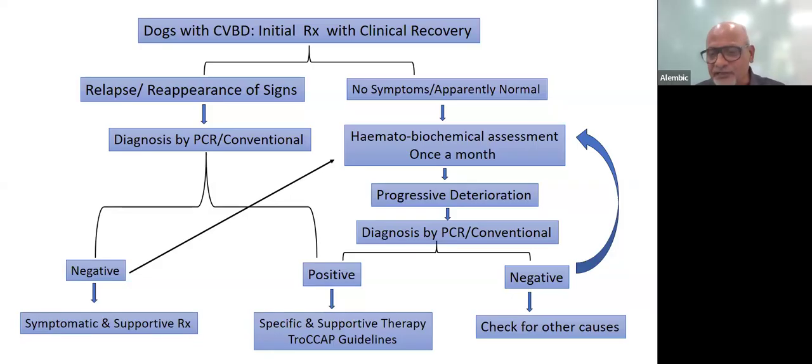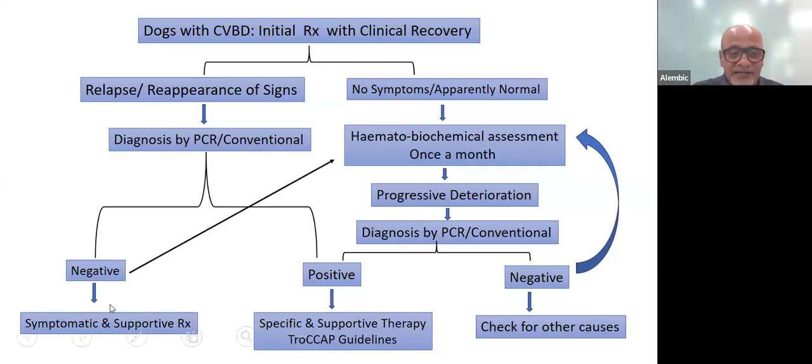Okay, if it is negative, check for other causes, okay, and give supportive therapy. If it is positive, then treat, as I mentioned in those ProCap guidelines, you have to do it. If on the other side there are relapses or reoccurrence of signs, then employ diagnosis by PCR and conventional.